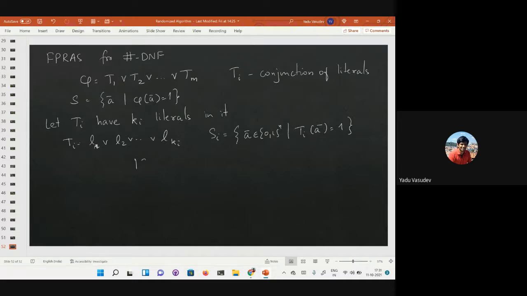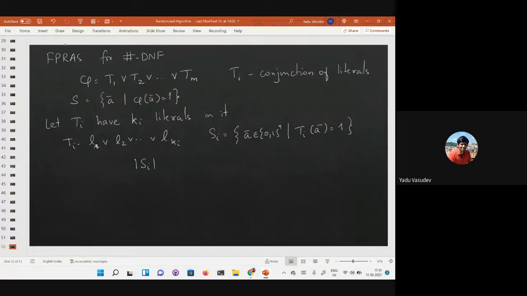What can you say about cardinality Si? What is the size of Si? It's the set of all assignments that satisfy Ti. How many assignments are there?